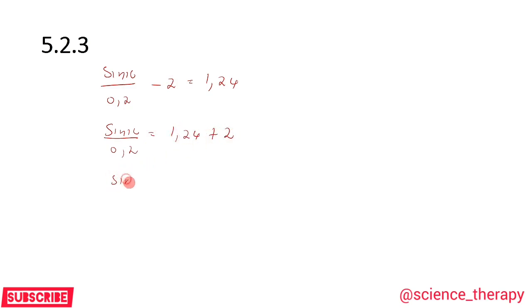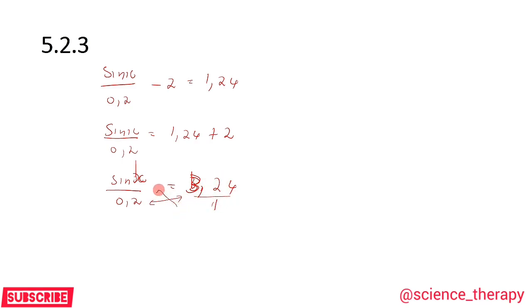Then having that, you have sine x over 0.2 is equals to 1.24 plus 2. That should give us 3.24, right? Then 3.24, if you cross multiply here, remember 3.24 can also be written as 3.24 over 1.